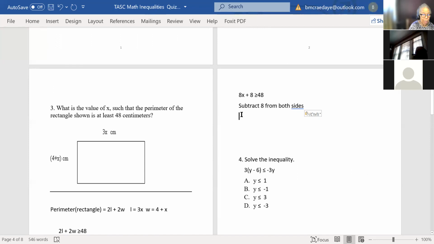So subtract 8 from both sides, and I'll copy that and then do the subtraction. So -8 on the left and -8 on the right.